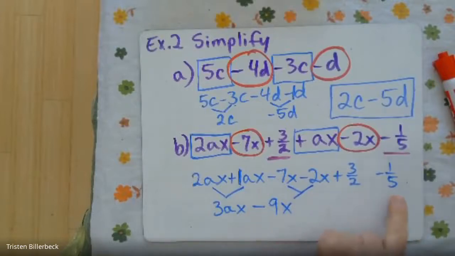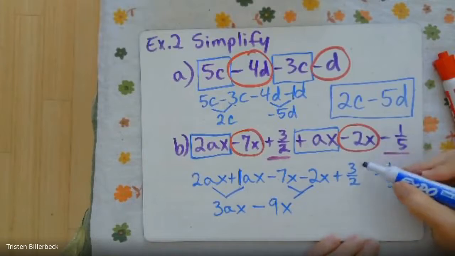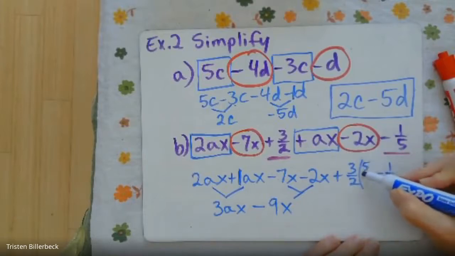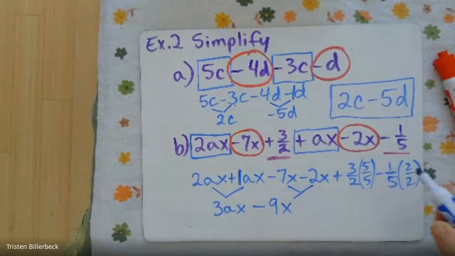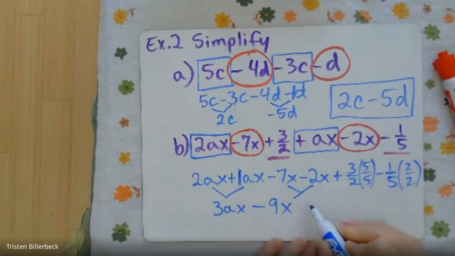And then this one, we need a common denominator. So let's multiply this one by 5 over 5, and this one by 2 over 2. We'll do this in another step.